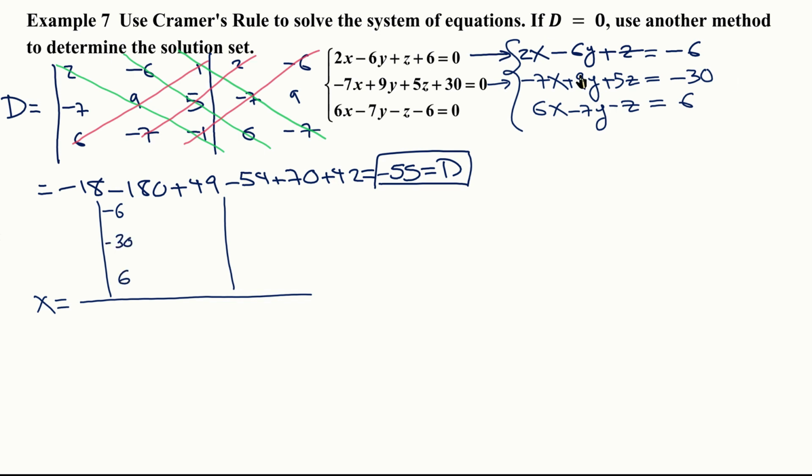And we keep the coefficients of Y and Z. So -6, 9, -7. 1, 5, negative 1. And now we repeat the first two columns.